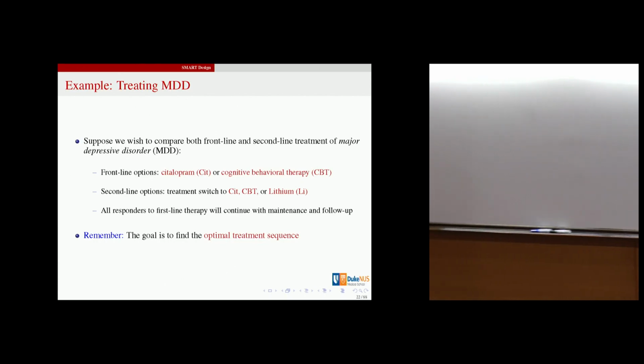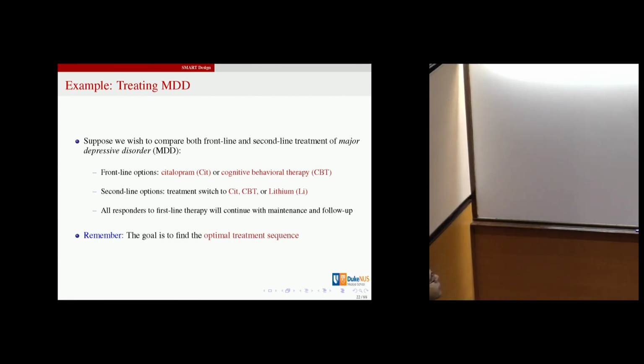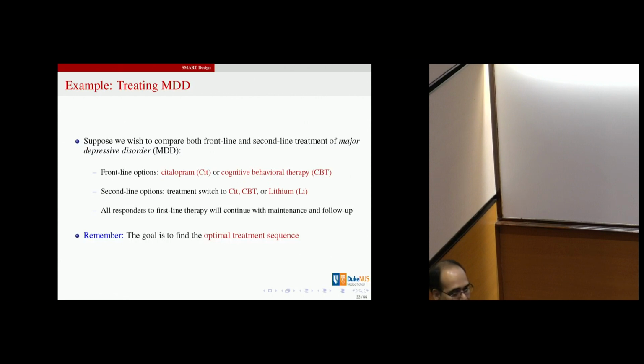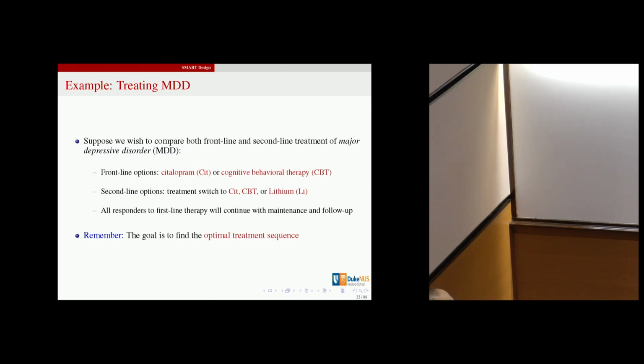Okay, so we consider treatment of major depressive disorder, MDD, and we wish to compare both the frontline and second-line treatment options for that depressive disorder. Frontline options are citalopram, a drug, or cognitive behavioral therapy.